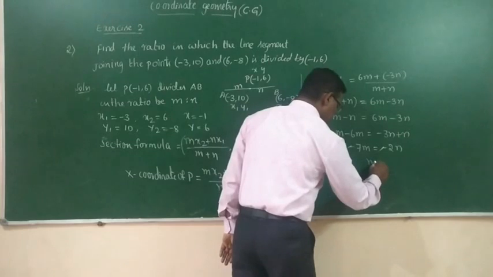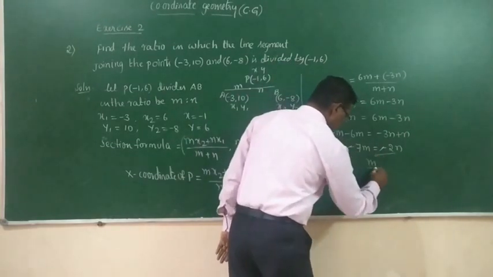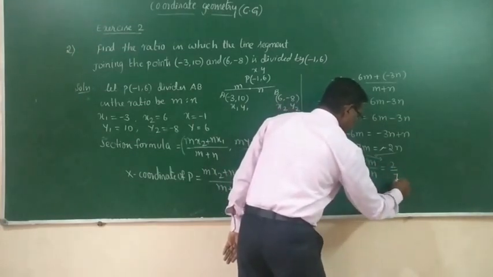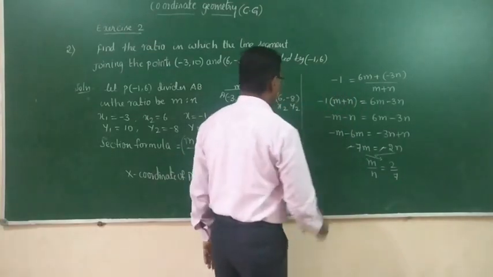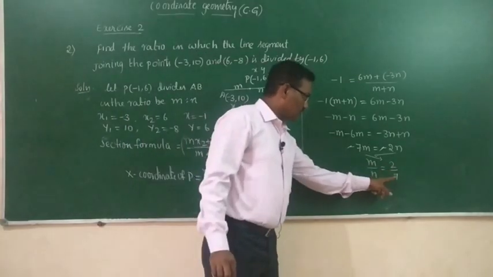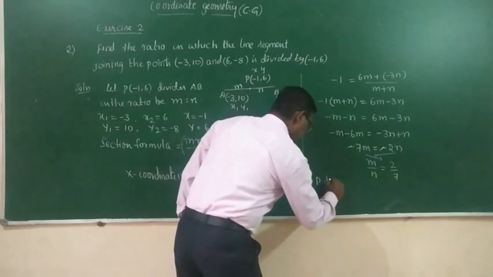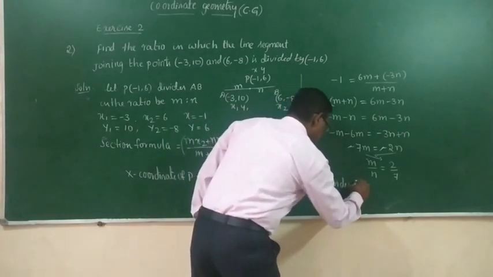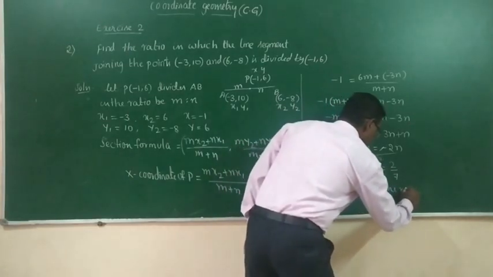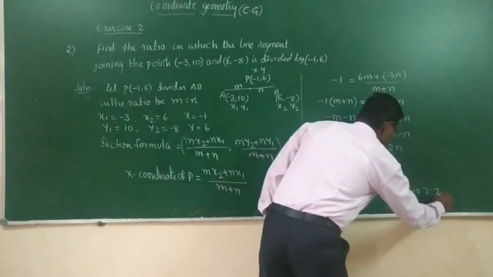Therefore, we have to separate the variables as well as the numbers. So, by transposing, m by n equals 2 by 7. Therefore, the section point P divides AB in the ratio 2:7.